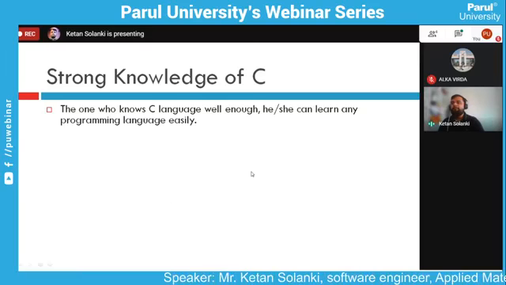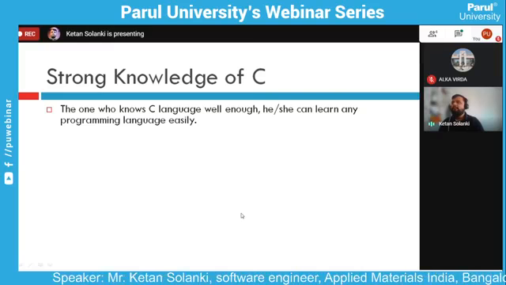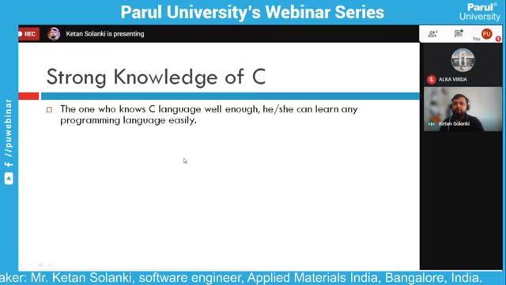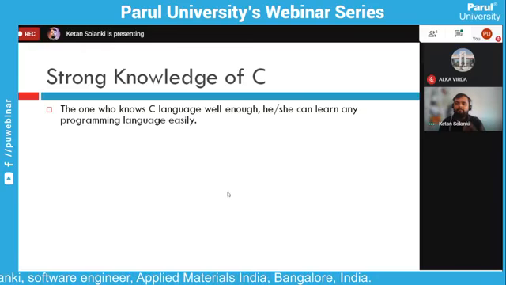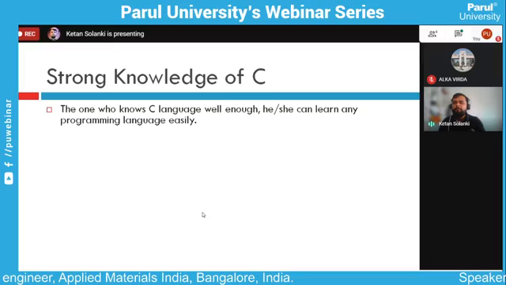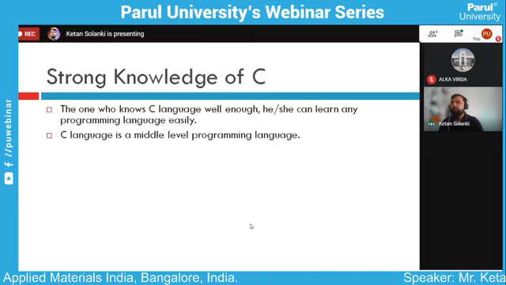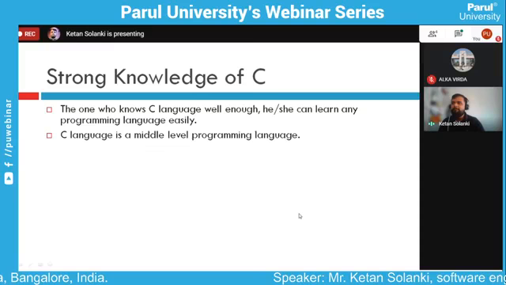If we directly jump to Python, JavaScript, or C sharp, we cannot even think about what is happening in the backend, how this code is written, or what the code will do, whatever we write. Then C is a middle level language, so it's somewhat easy to learn in an initial way.